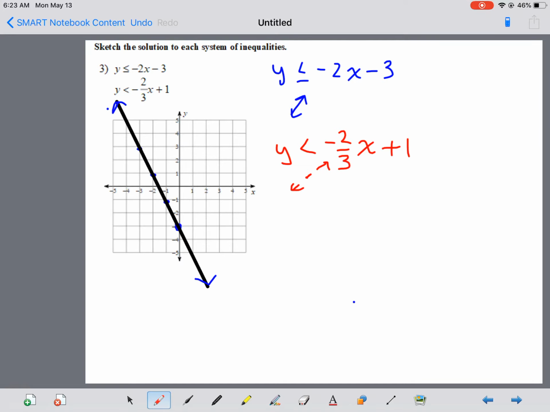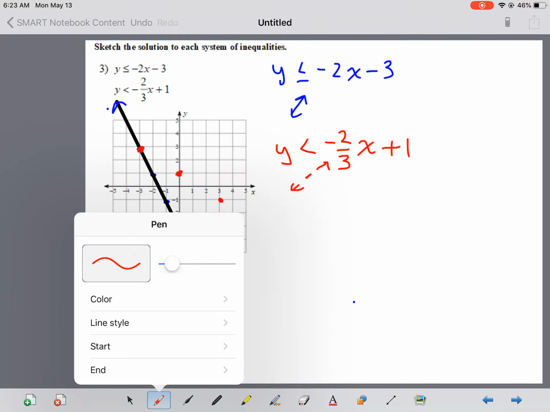So our first point is the y-intercept of 1. Then our slope is negative 2/3, which means we go up to the left 3. And then from our original y-intercept point, we can also go down to the right 3.